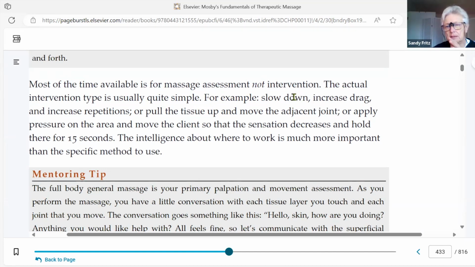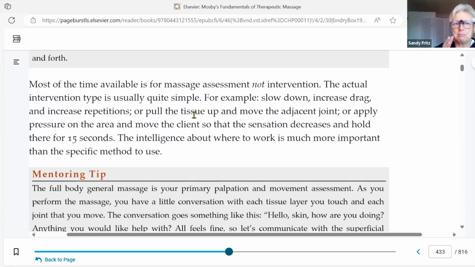And you will find that if you just modify slightly the general massage process, you'll be able to affect change that the body is ready to respond to. So you don't have to narrow down and get real focused and all of that most of the time.